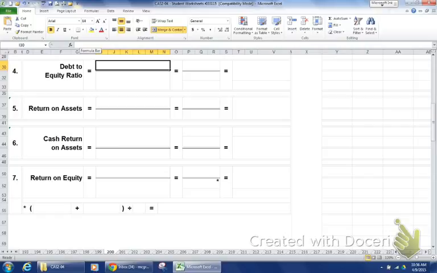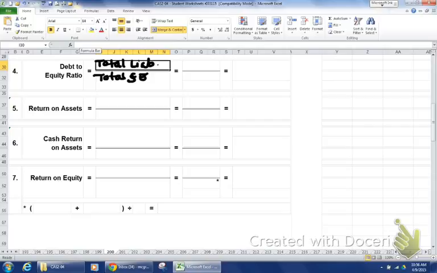And the first factor that goes into this ratio is our total liabilities. And the denominator is going to be our total stockholders' equity.